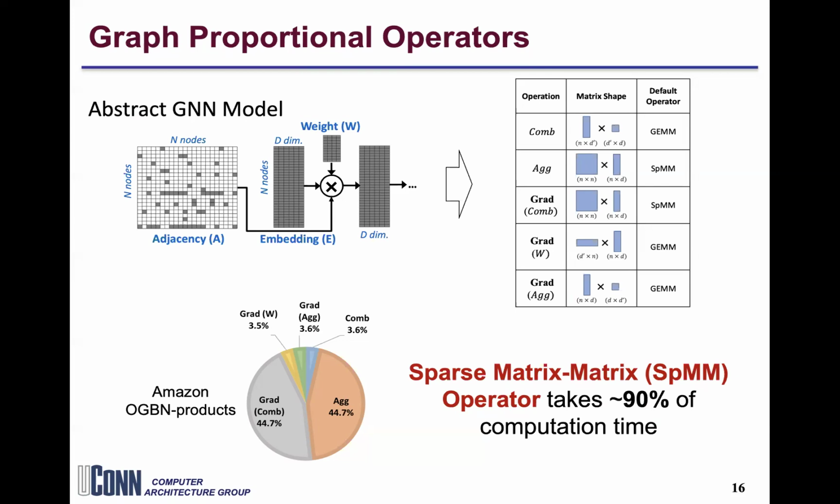We'll call this an embedding matrix, right? And then you have a model that you have trained with weights that you can apply on these two inputs, and through some convolution you compute the output, and this process is repeated over multiple layers to learn something about the graph, right? That's an abstract GNN model.